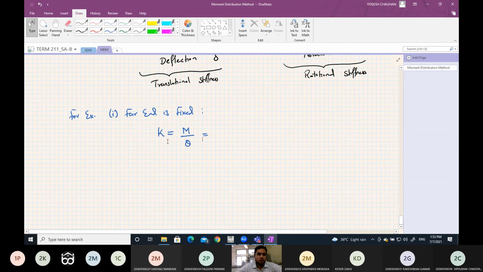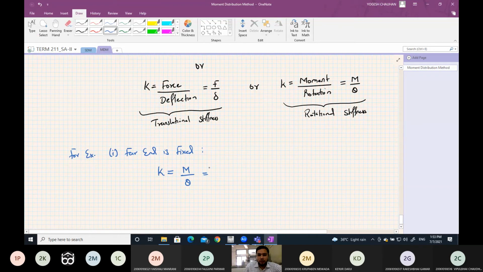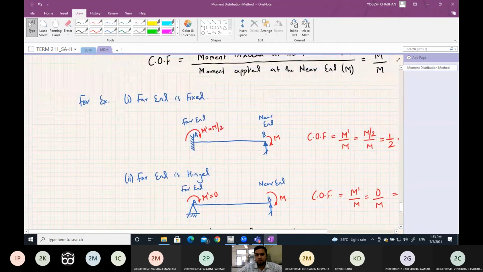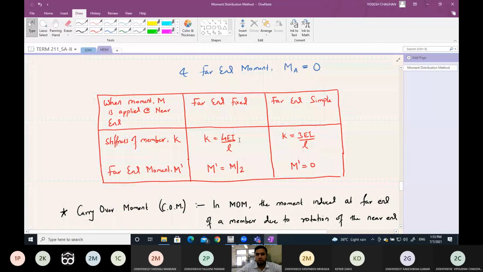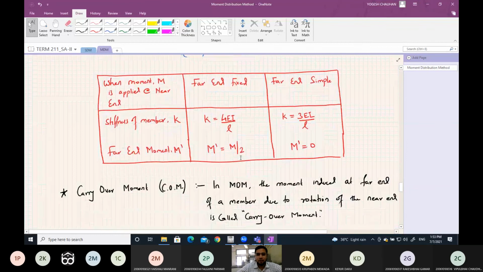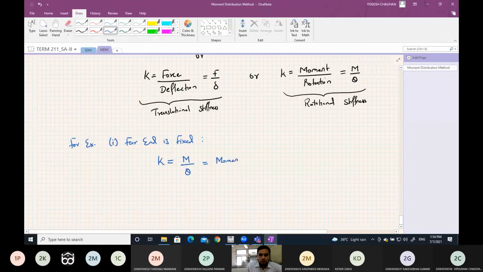Now when far end is fixed, the moment required to produce unit rotation will be 4 EI by L. Okay, this is the moment required to produce unit rotation.